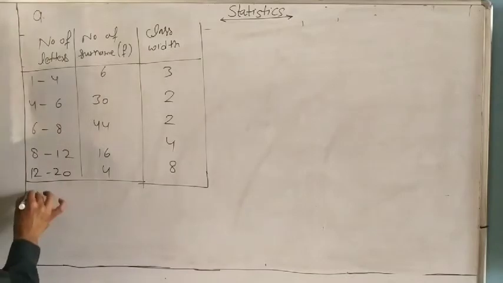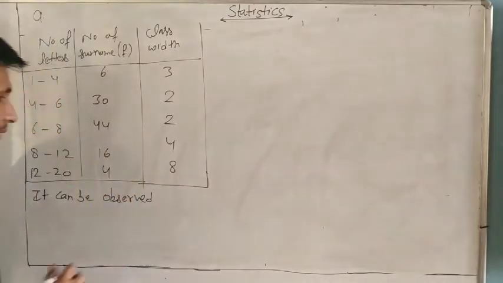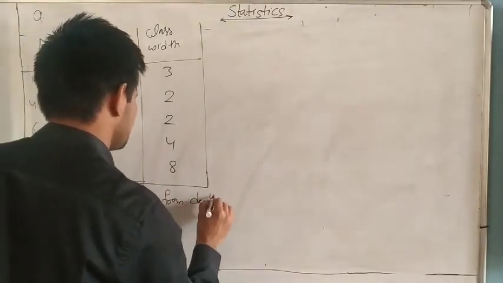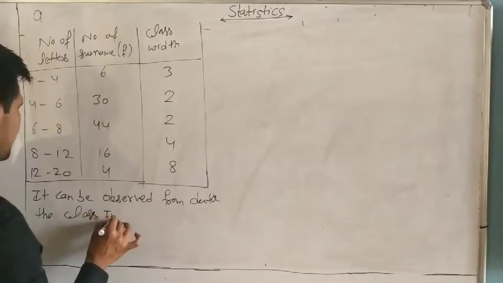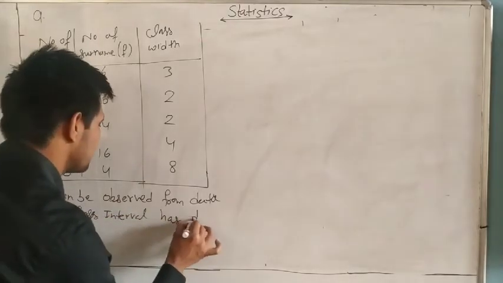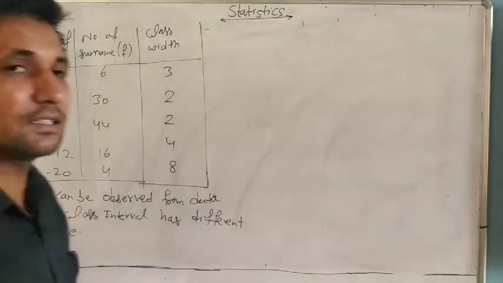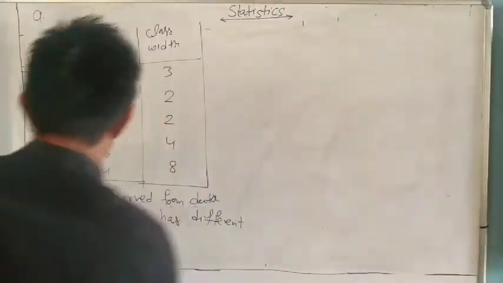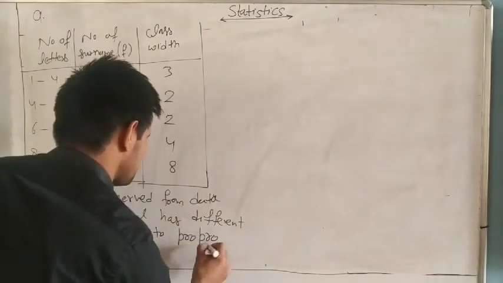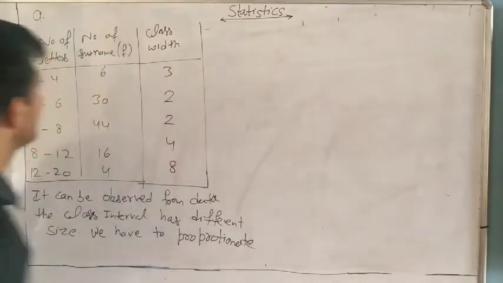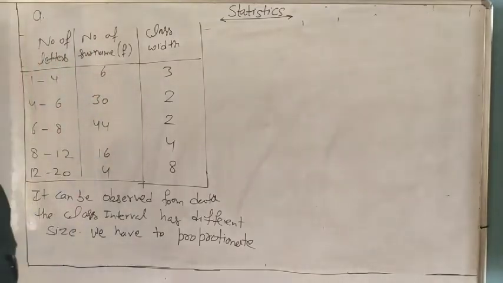So write, it can be observed from the data that the class interval has different sizes, and if they are different sizes, we have to proportion the number of surnames to the number of letters.